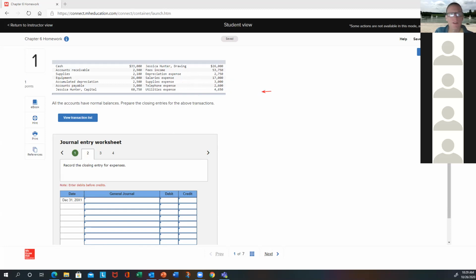So remember to close out an expense account. Again, here's a little visual on this one. Let's take one account, depreciation expense. If I write out depreciation expense, and of course this is our ledger idea, my stylus doesn't want to write.